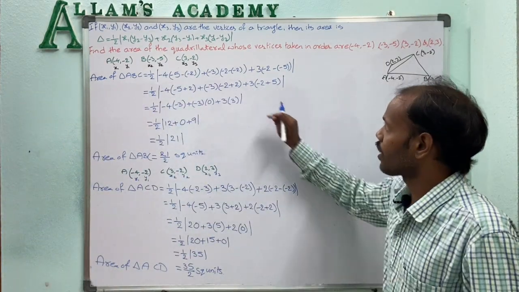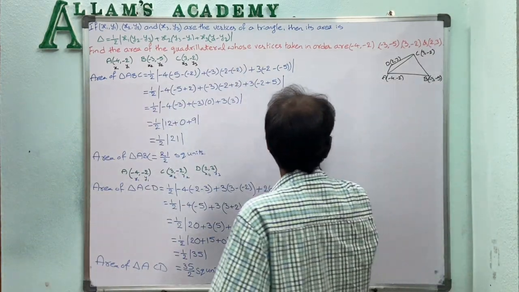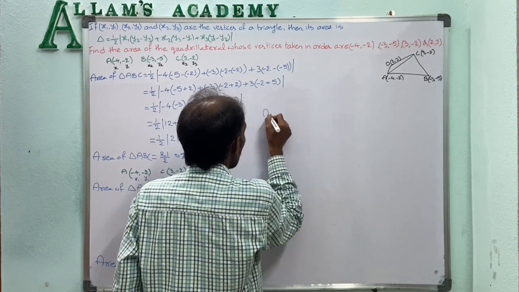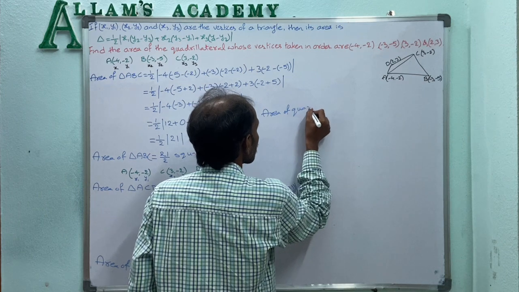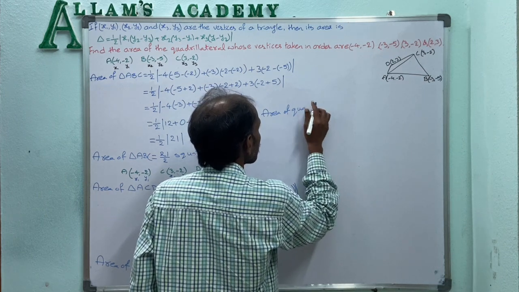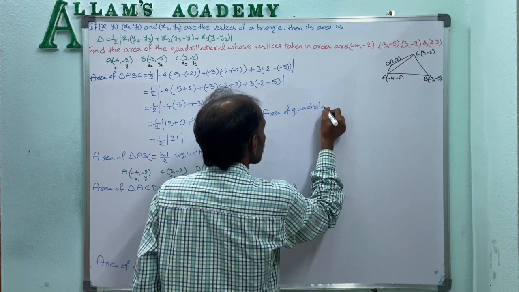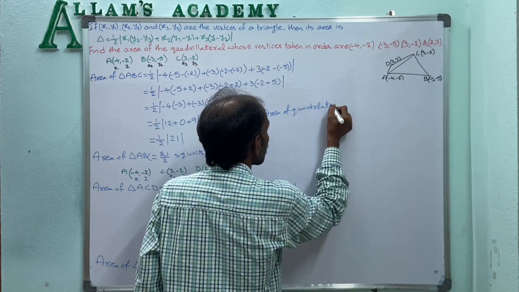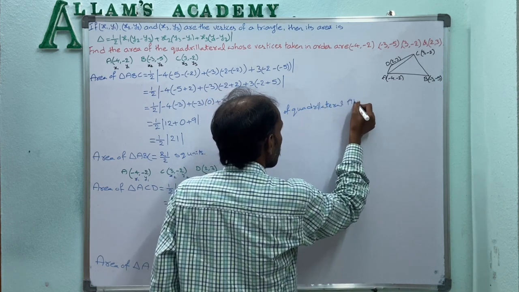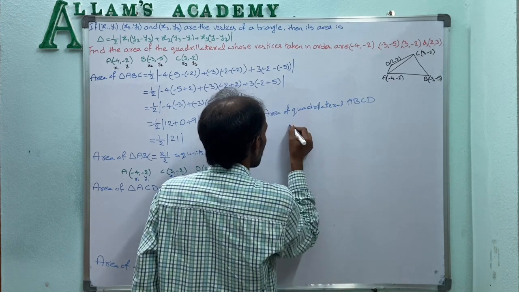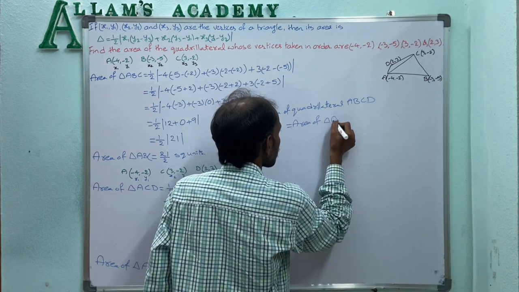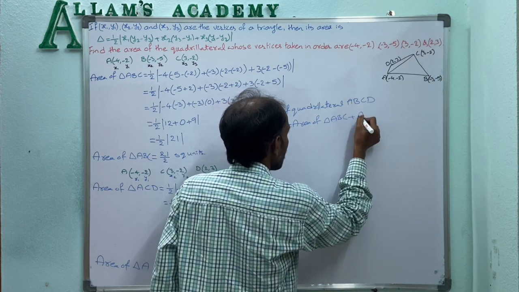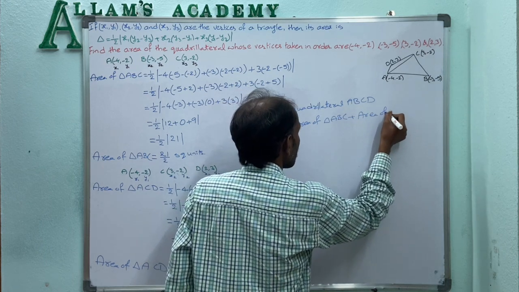But here we want to find the area of the quadrilateral. So the area of quadrilateral ABCD is equal to the area of triangle ABC plus the area of triangle ACD.